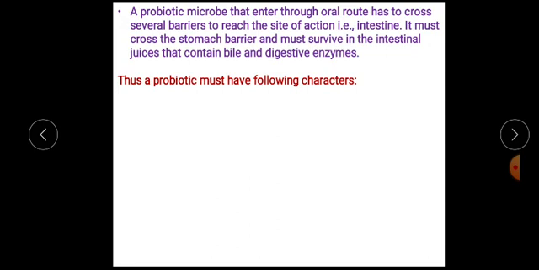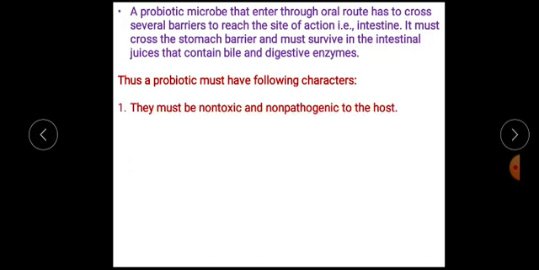It should be able to cross all these barriers so that it will enter the intestine. A probiotic microorganism must have the following characteristics. They must be non-toxic, of course. They should be non-pathogenic and non-toxic to humans.